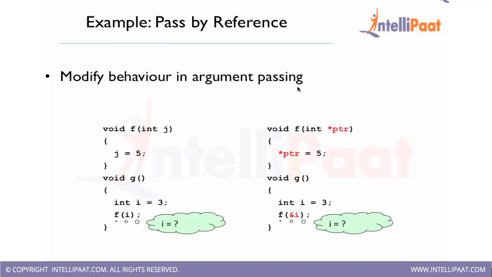Whenever we write code which changes the behavior of the argument, we have to be very careful, because the further execution of the code will be very much dependent on it. Assignments done in a function are local to that function, so anything wrong there will not affect anything outside its scope. But in pass by reference, anything that goes wrong in this function will affect outside the scope, because we are changing the value of I here, and that value will be used further, so the behavior of the program may change.